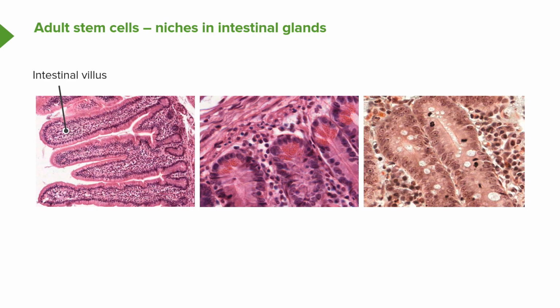Where that label is pointing is to the underlying connective tissue, the lamina propria. But on the surface of these villus or villi is an epithelium. And that epithelium is involved with absorbing material from the lumen of the gut into various blood vessels and lymphatic channels that run in that lamina propria.